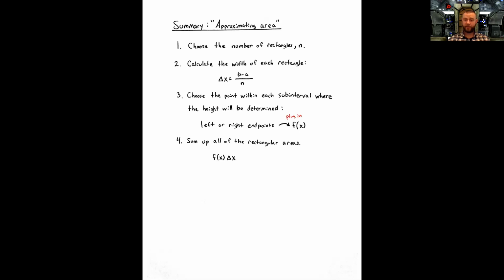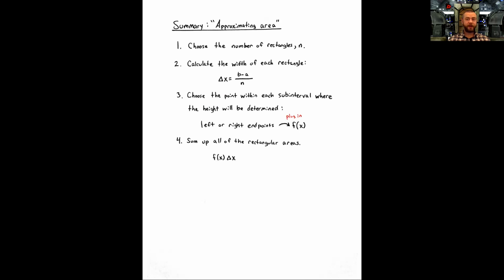We then use that number of rectangles, n, to calculate the width of each rectangle: the total length of the interval, b minus a, divided by the number of rectangles we chose to use. We then choose for each subinterval the endpoint where we're going to determine the height. Typically, it's the left endpoint or right endpoint of each of those n subintervals. We plug those endpoints, be it right or left, into the function that represents the height of each rectangle.